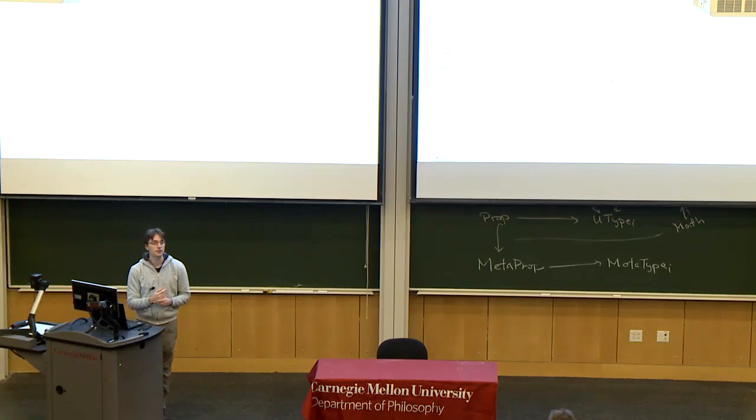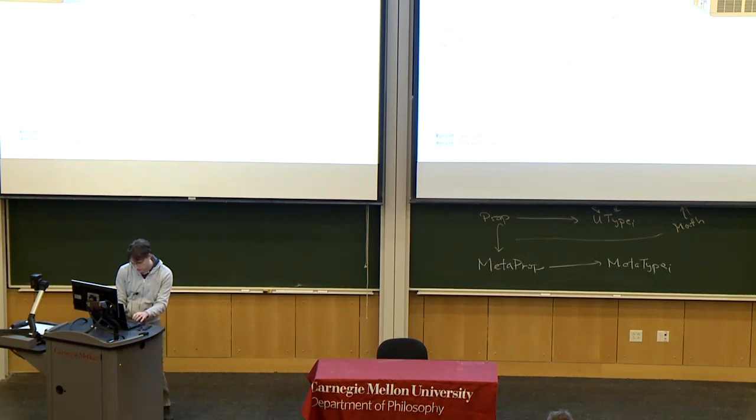Yeah? Does this lift technique have to have some setup? Yes, there's a little bit of setup. What you need to do is there's a structure called CanLift, and you need to provide an instance of this structure.